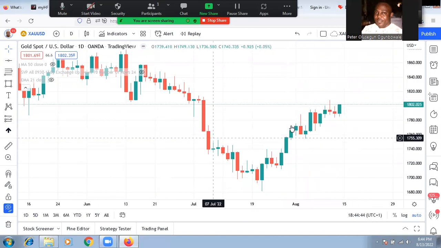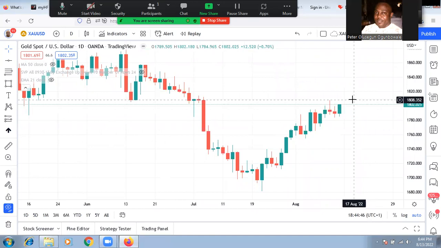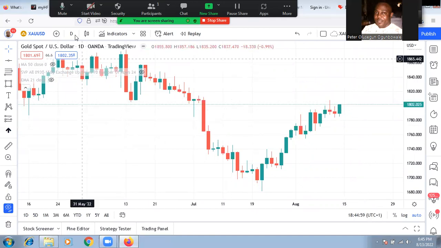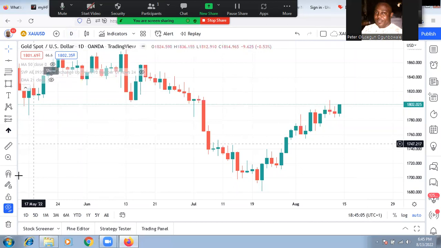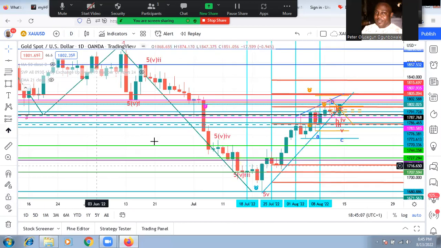So whichever it's going to be, we are at a very good level here, between here and here, 1812. It's an ideal level to say you want to sell again, 1812.